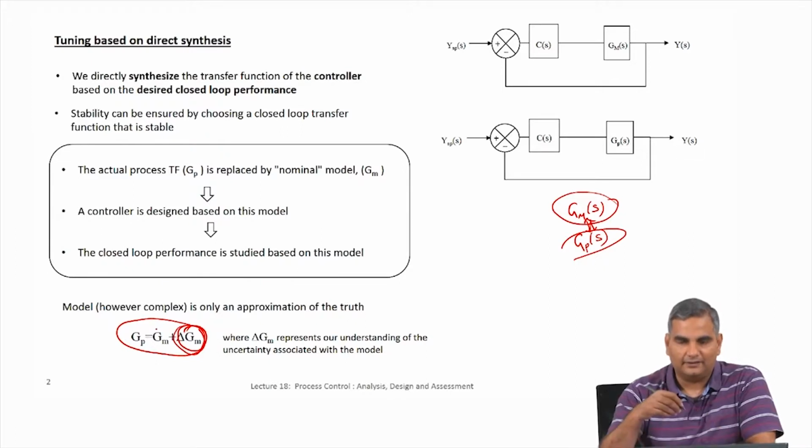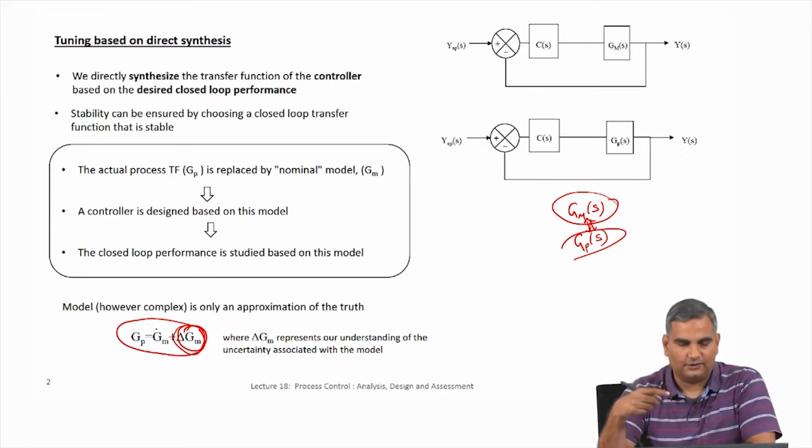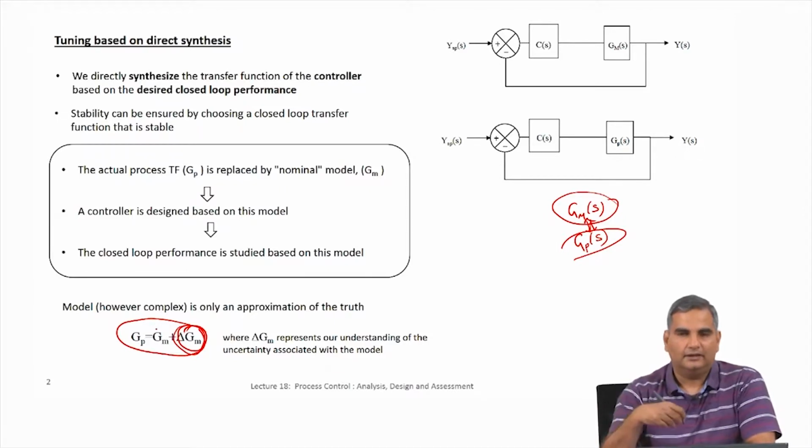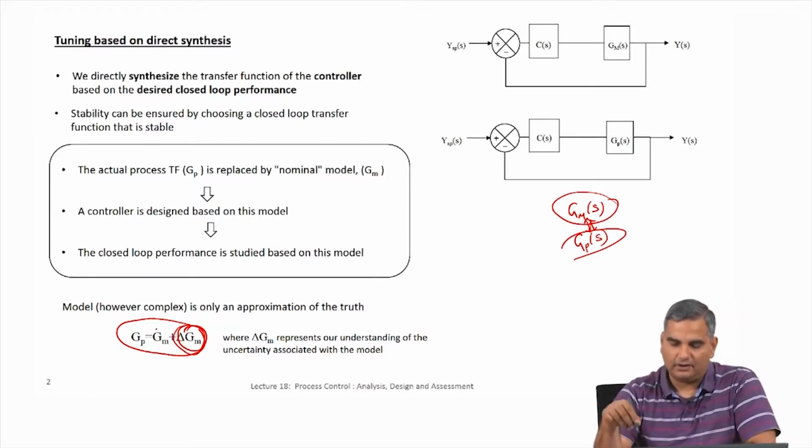But it's worthwhile to start thinking about control in a slightly more sophisticated fashion at this point, because the second portion of this course is going to need this differentiation between model and process, since we are going to get, in a closed loop diagram, both a transfer function for the model and for the process. Till now we have never made this differentiation, because what we assumed is that the model is the process.